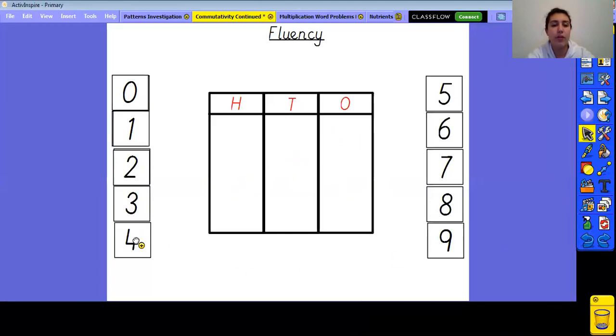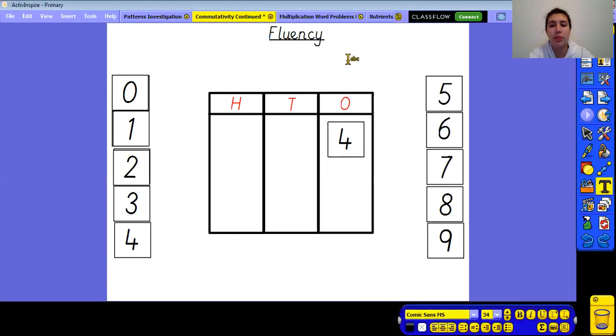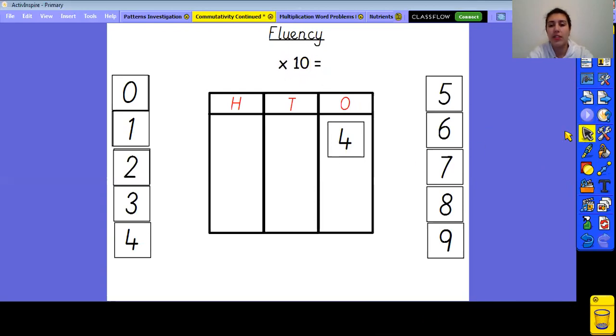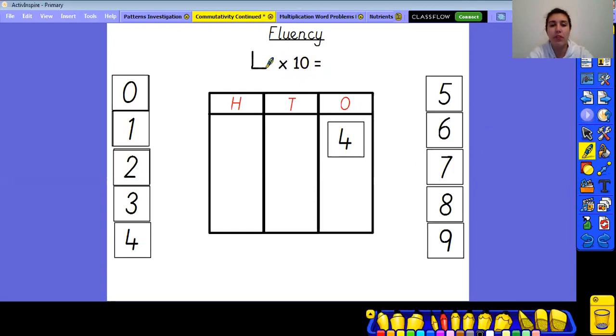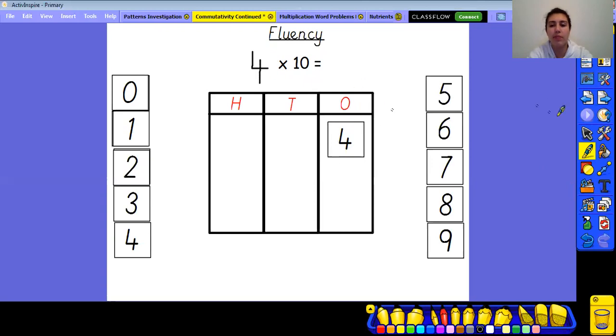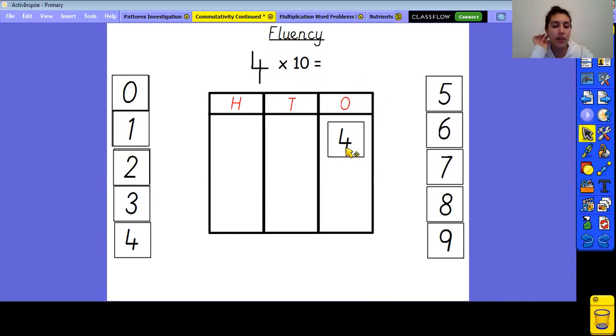Let's try 4. So 4 all by itself just means 4 ones. And when I times that by 10, so now we're multiplying 4 by 10, the digit has to move from our ones column into the, that's right, it's got to move into the tens column.